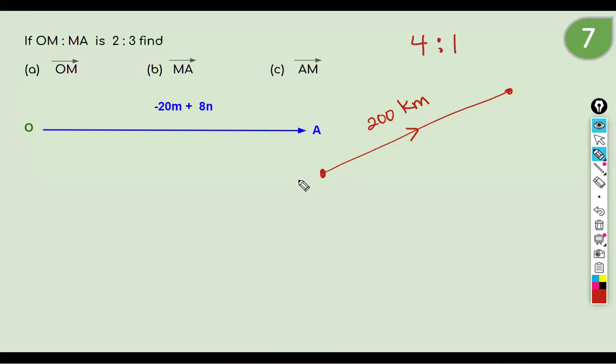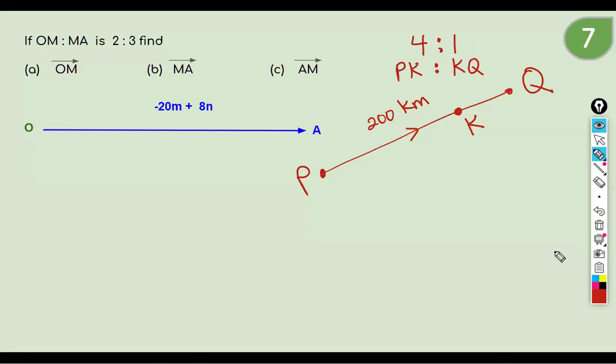And the beginning of the line is P, and let's assume the end of the line is Q. Let's say I have a point here. We'll call this point K. It's not exactly in the middle of the line. It's actually closer to Q. And the ratio from P to K, that's this portion, to K to Q, which is the other portion, is 4 to 1.